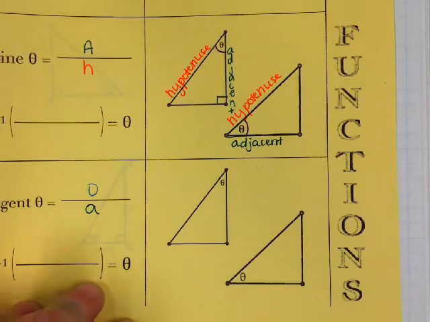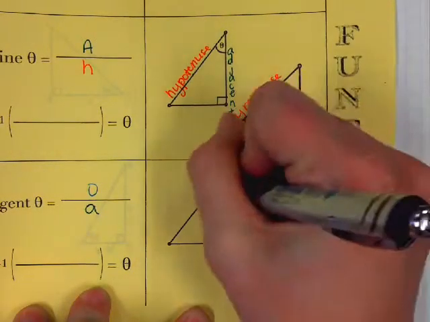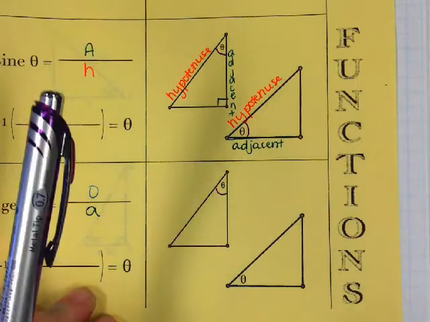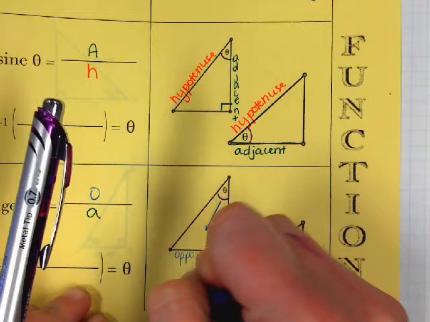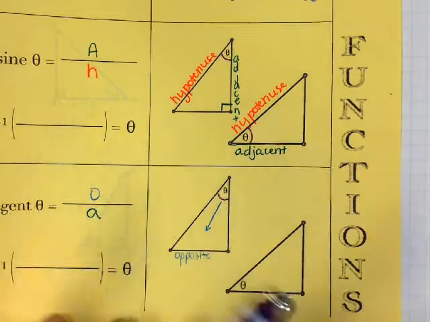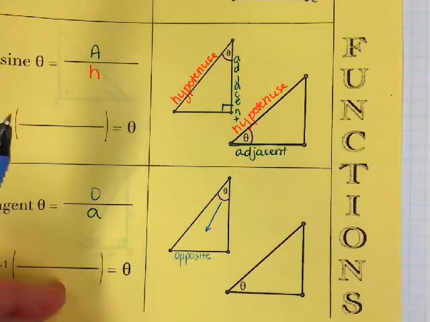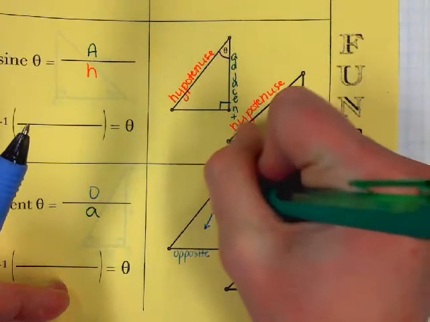And then if we're looking at tangent, this is our angle theta. So the side opposite over the side that is adjacent.